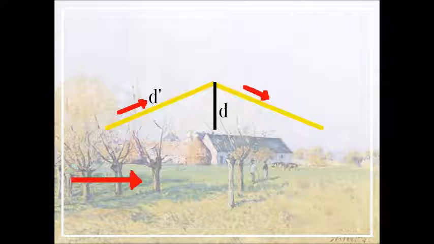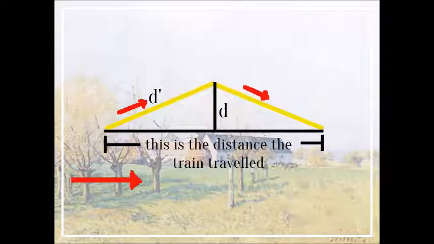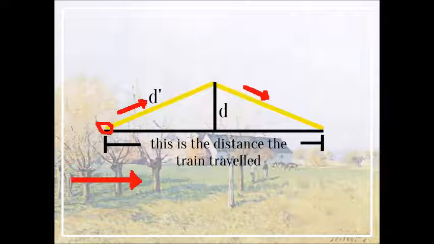So let's start with defining how far our train went during our particular event in question. And we'll do that by applying a horizontal line to the bottom of our triangle. This is the distance traveled when the photon left the flashlight, bounced off the mirror, and returned to the flashlight.